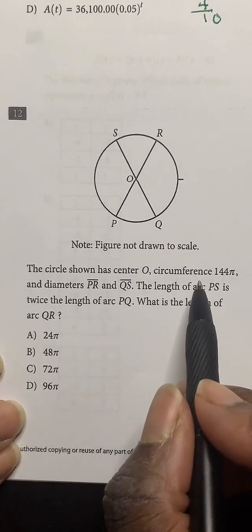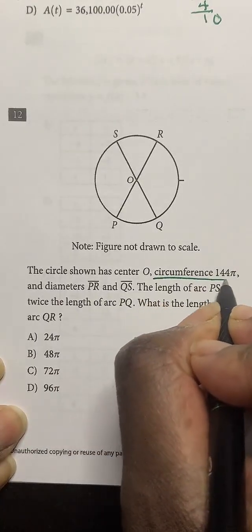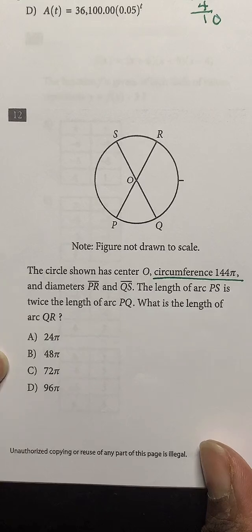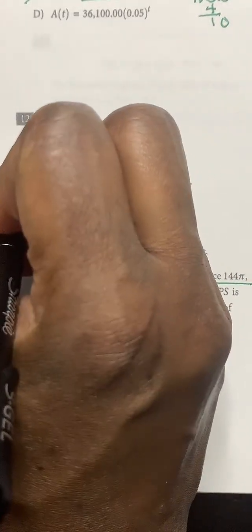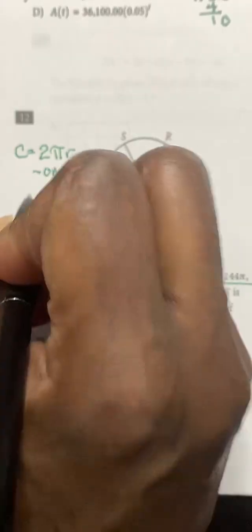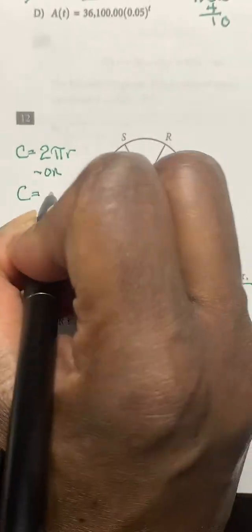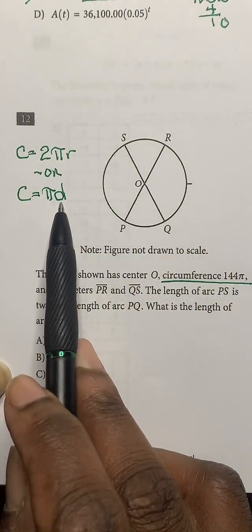So first thing, we need to know a couple of things. One, they're talking circumference. Now, circumference can be written one of two ways. Circumference can be written as 2 pi r, meaning 2 times pi times r, especially if they give you the radius. Or your circumference can be pi d, pi times your diameter.